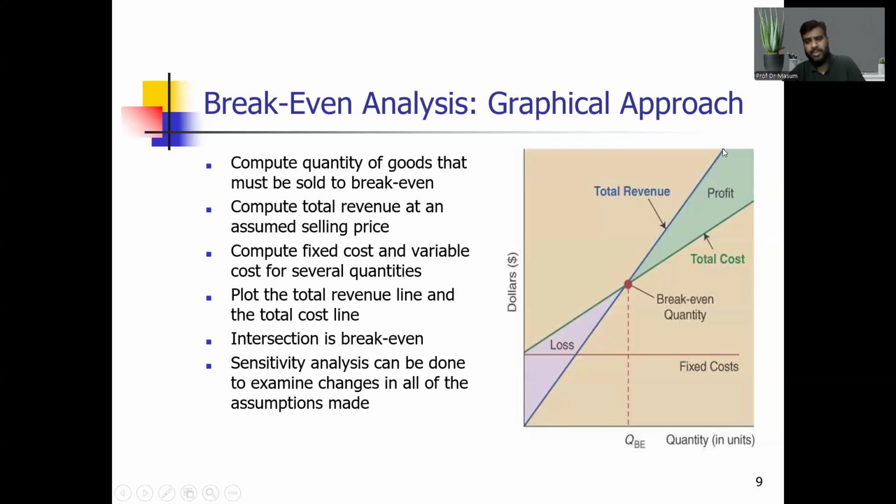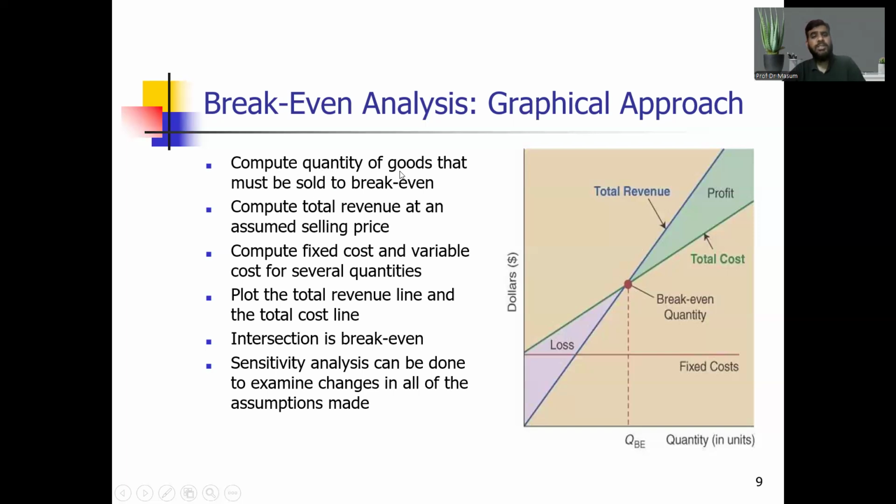And when the total cost, variable cost and fixed cost, and total revenue are equal, this quantity will be your break-even quantity. The quantity at which total revenue and total cost are the same is known as the break-even point, BEP, or break-even quantity.